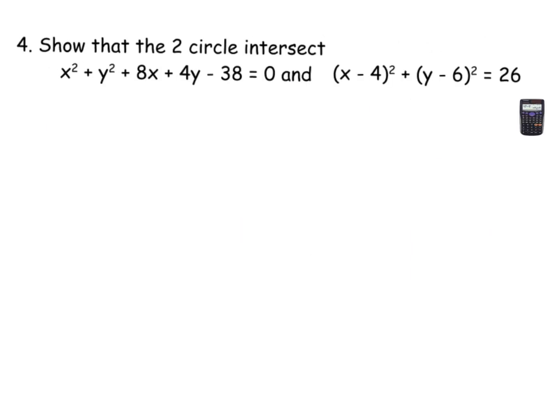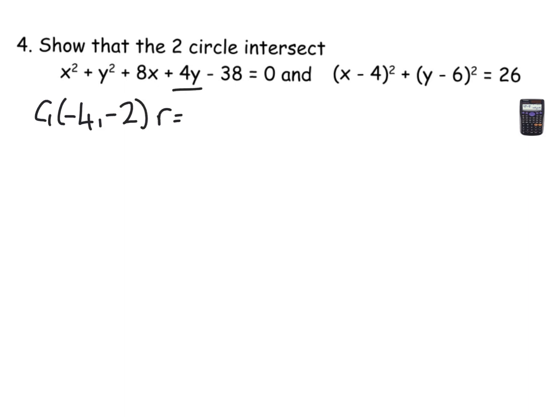Right, I have a final example, my final one. We need a calculator for this one. Same again, but now to show that these ones do intersect. So we're going to do our centres and our radiuses. Centre 1, half of 8, change the sign, minus 4. Half of 4, change the sign, minus 2.